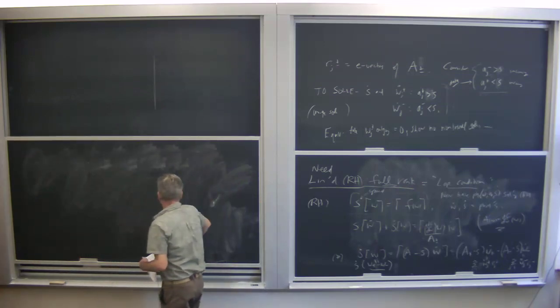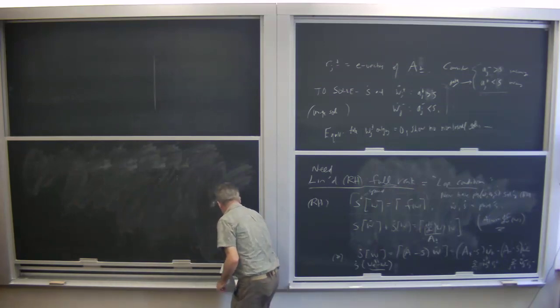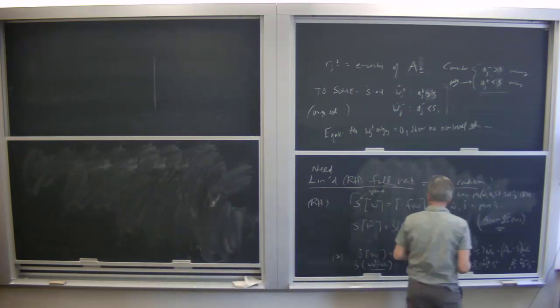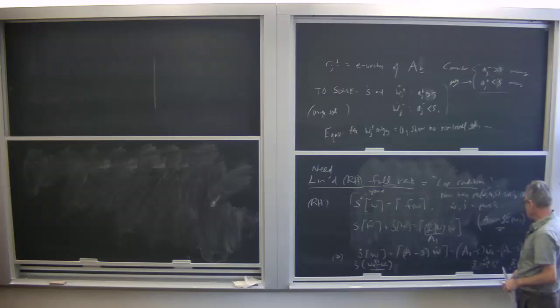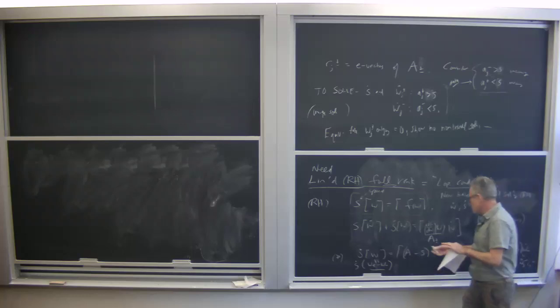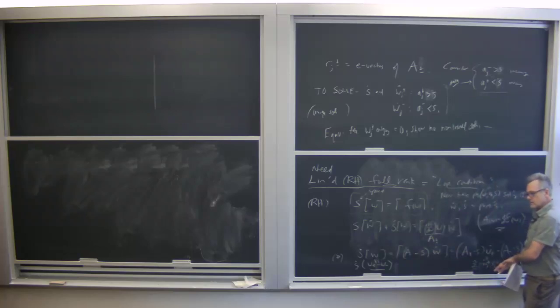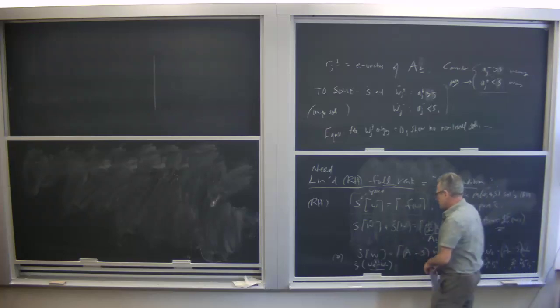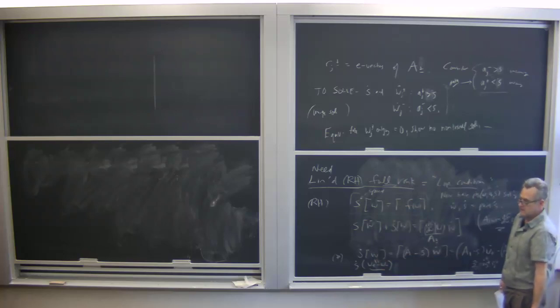So now I can formulate the condition. What am I trying to do? I'm trying to say there are no non-zero solutions of this equation involving only the outgoing modes. That is just asking whether these are linearly independent or not.